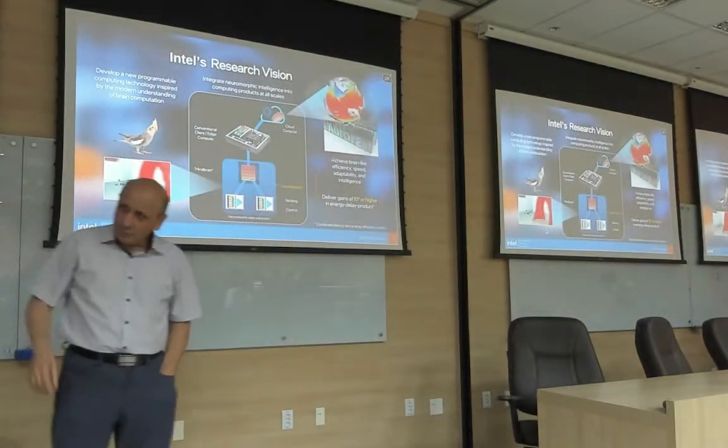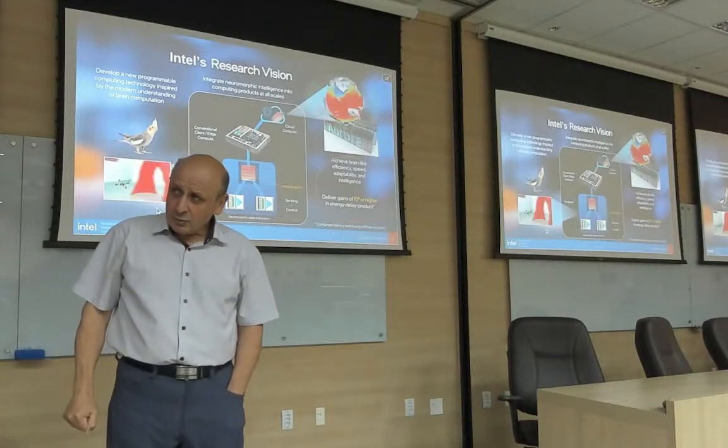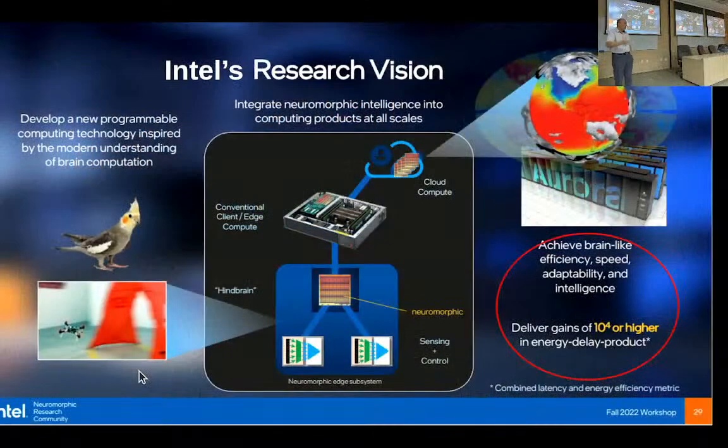So I have a few slides here from Intel, just to highlight to everybody where Intel wanted to go with those chips. As you can see, they do have a desire to go from edge to cloud compute. On the other hand, this is still an accelerator, so it will be in hybrid systems along with the standard CPUs.